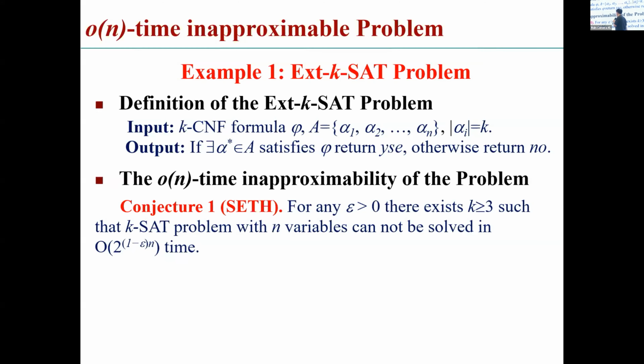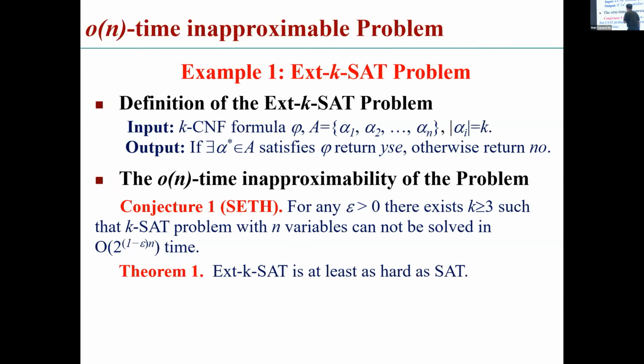For any epsilon greater than 0, there exists K greater than or equal to 3, such that the K-SAT problem with n variables cannot be solved in 2 to the power of (1 minus epsilon) times n time. This is the conjecture. Now we can give the solution.